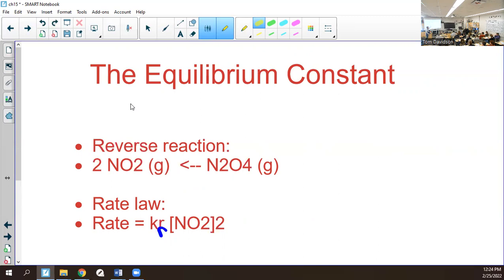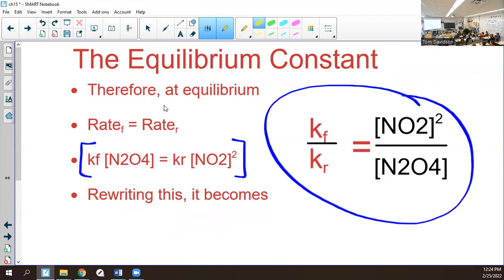Now, doing some algebra. Therefore, at equilibrium, rate forward equals rate reverse. Rewriting this becomes that, where we have the concentration of NO2 squared over N2O4. Now, this 2, any idea where it came from?